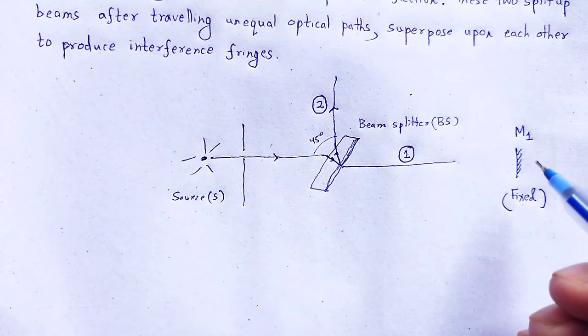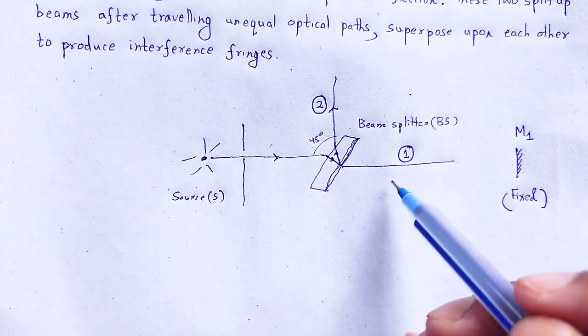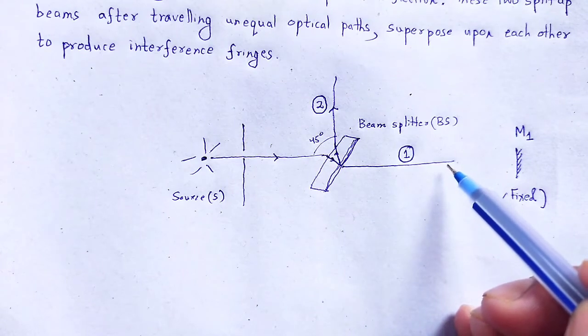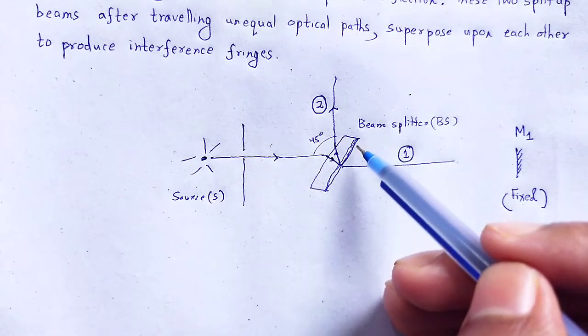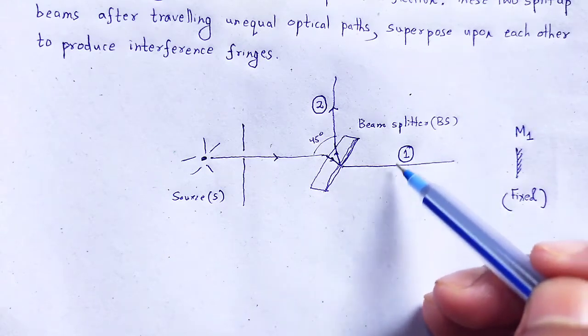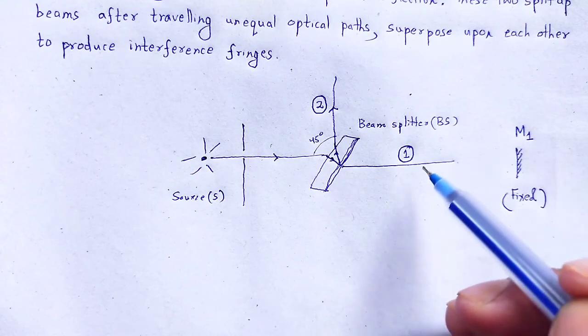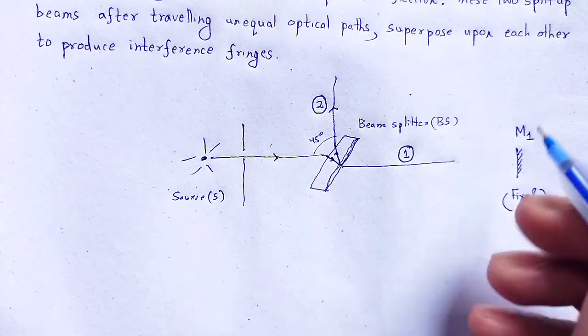That plane mirror is fixed to receive light after transmission of light from the beam splitter BS. The transmitted beam 1 reaches the mirror M1 and is incident normally on it.